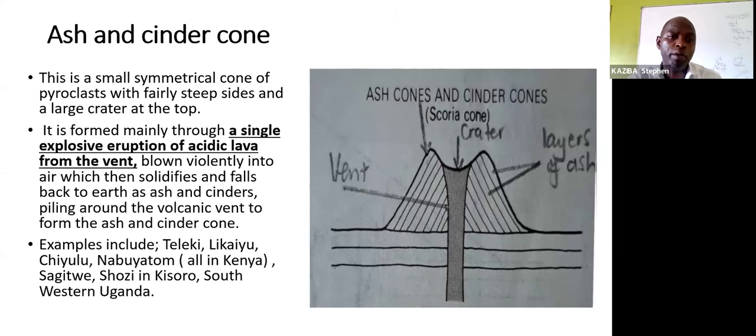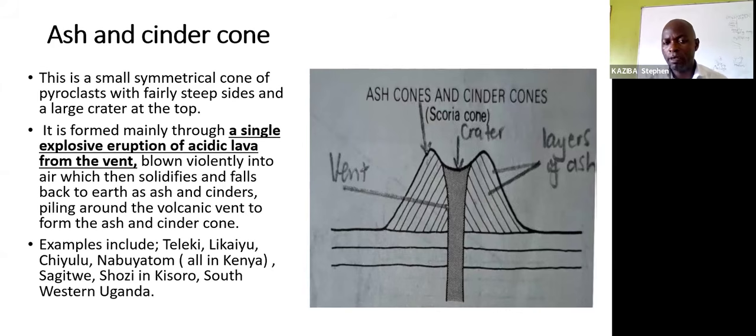Now, remember in your formation, make sure you involve the nature of material and the nature of eruption. So these are formed by a single eruption, meaning unlike a composite volcano where you have successive eruptions, this one happens once. So formation: we have a single explosive eruption of acidic lava from a vent.